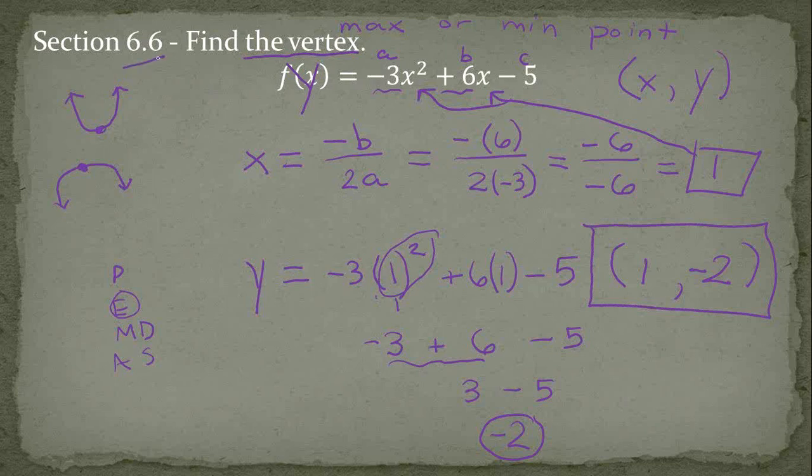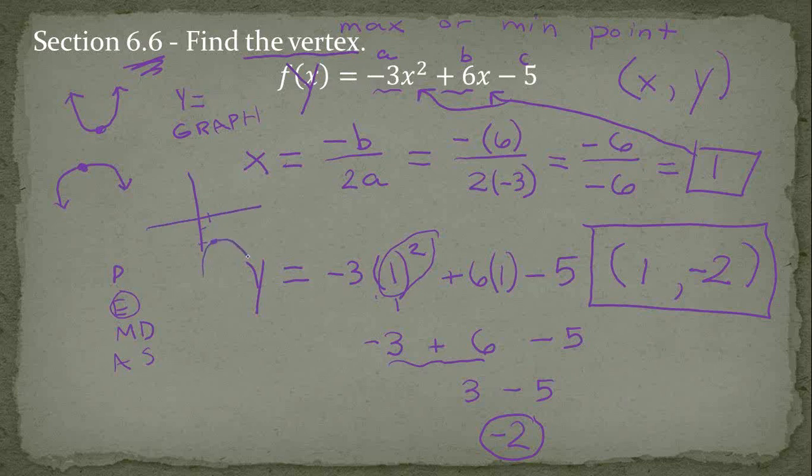Review in 6-6. You can also do this problem in a calculator. You could go to the y equals button on the top left, type in negative 3x squared plus 6x minus 5, hit graph, and it'll give you a picture of this. And you can look at it, and the vertex should be at 1, negative 2.